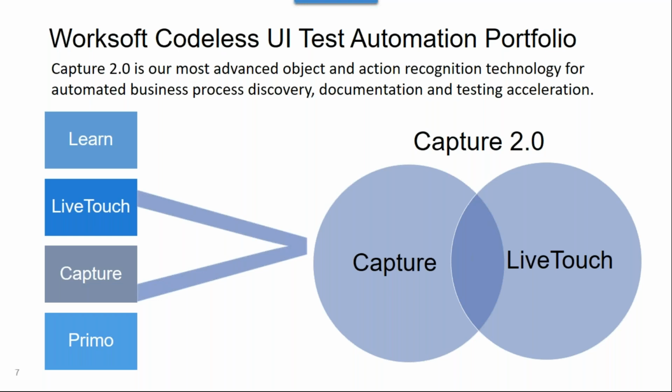That matured into live touch long ago, where we can now interactively click on the fields that we want to build automation for, and that really began to facilitate the effort. And then capture in itself is much more like a recording experience, yet live touch still can be important sometimes for tactically going after a particular validation or a particular field on the screen.